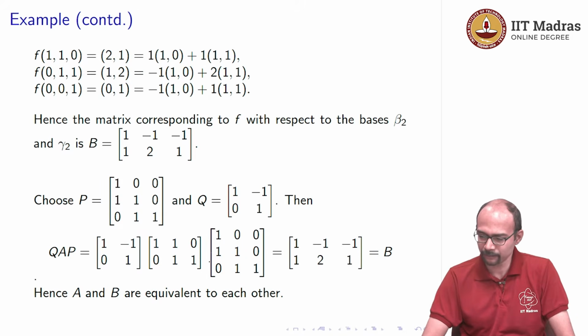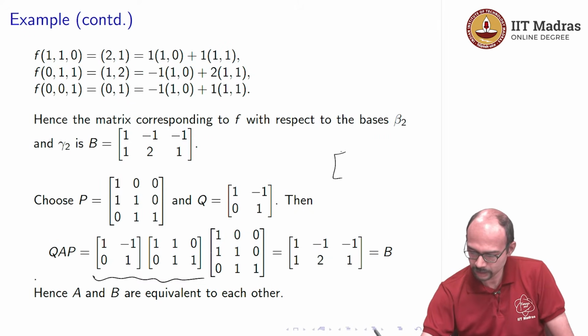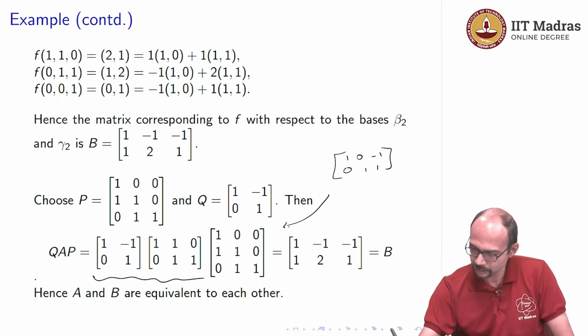The first row out of these two is 1 minus 1 times, so this is 1, then this is 0, then this is minus 1, and then you have 0 1 1, and you want to multiply this to this matrix.